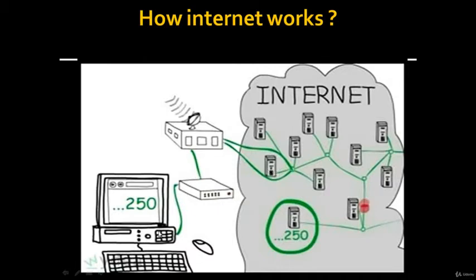Okay, now my router here, as you see, is connected to another router, and to another router, another one, until I reach this specific server, for example, udemy.com. So again, udemy.com will reply with the same route to reach my computer.